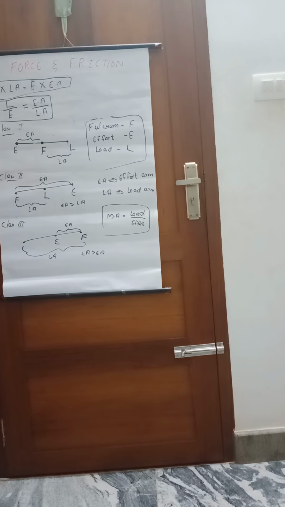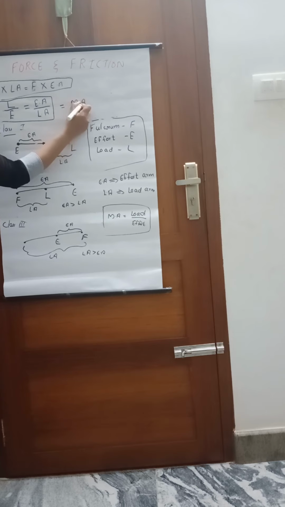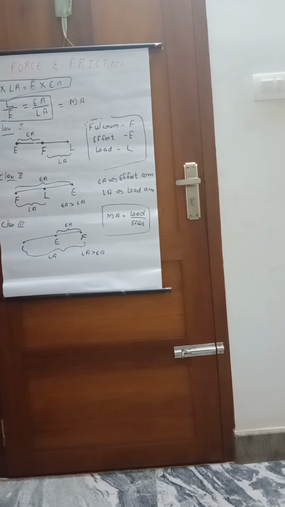And we already know that this load by effort is what? Mechanical advantage. So now for mechanical advantage, we got two equations: mechanical advantage is equal to load by effort, and mechanical advantage is also equal to effort arm divided by load arm.